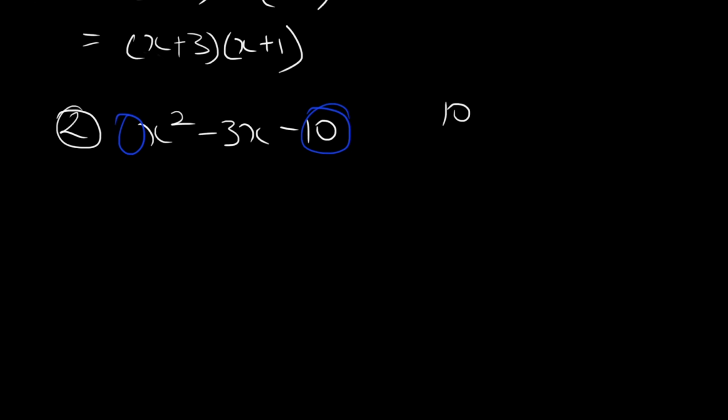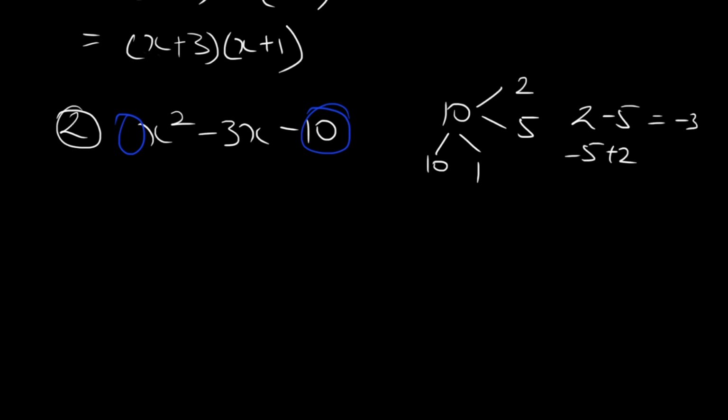So we have 10 and 1 as one of the factors. This won't help us to make 3, but the other factors are 2 and 5. So I can see that if I have 2 minus 5, or minus 5 plus 2, this will give me minus 3. So again, I'm using the factors of 10, adding or subtracting them to somehow make minus 3.